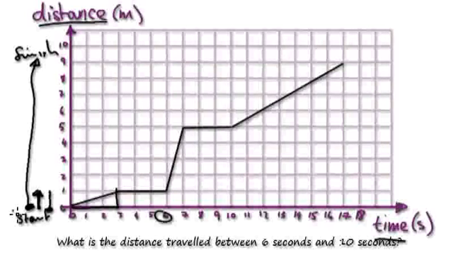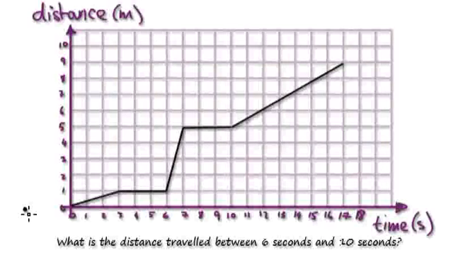Or so let me start again. So it's 1, 2, 3, 4, 5, 6, and then you start moving again, and then it takes you 1 second to get to this level here. Okay, so it's like this. Hang on, let me try and simulate it. So you are here.